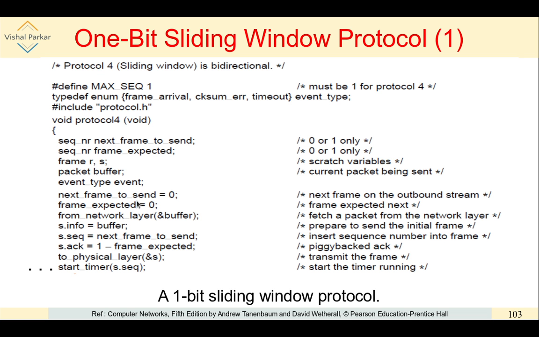So these are the variables that will indicate which frame is to be sent next by the sender and which frame is being expected by the receiver.